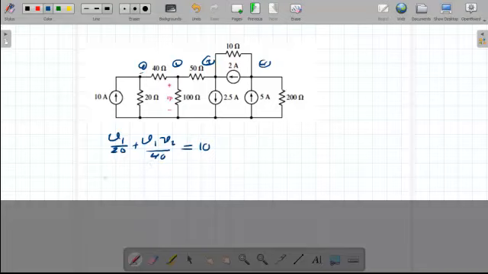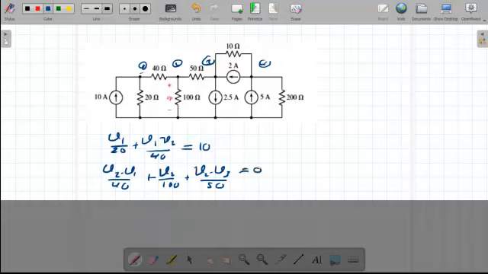The second equation is V2 minus V1 over 40 plus V2 over 100 plus V2 minus V3 over 50. Here the entering current is equal 0.